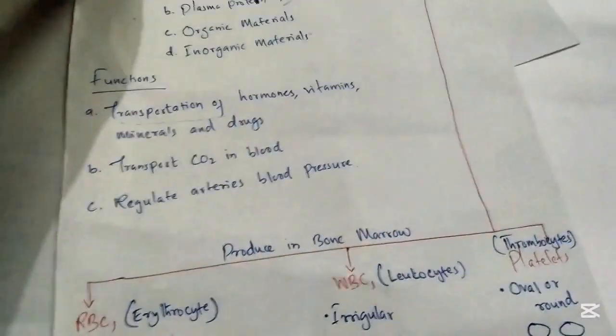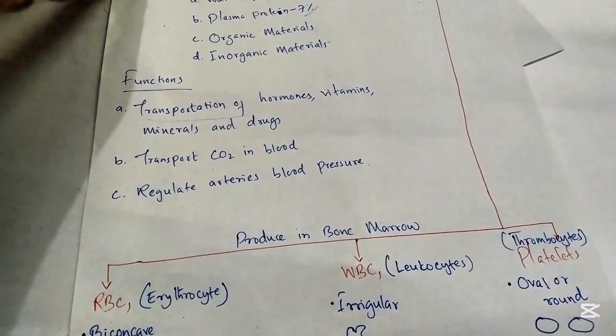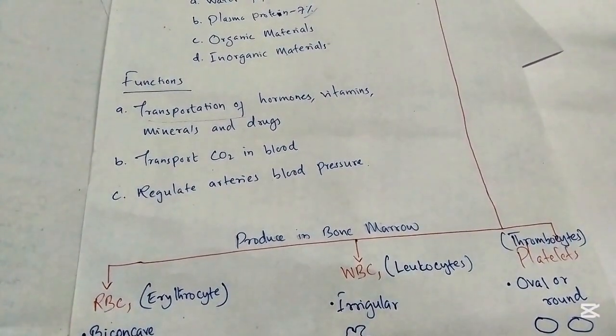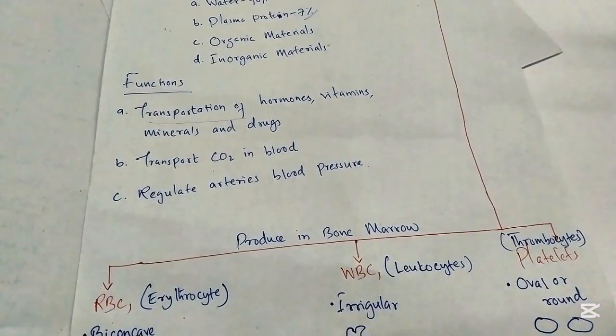The main function of plasma is transportation. It helps to transport hormones, vitamins, minerals and drugs, and also helps to transport carbon dioxide in blood, and also regulates the arteries blood pressure.